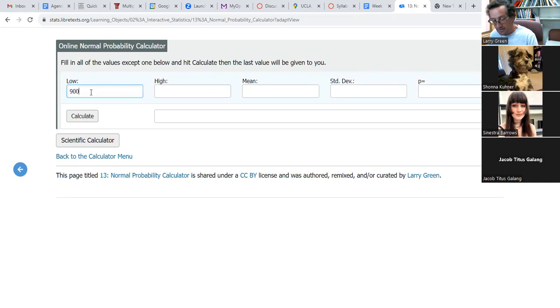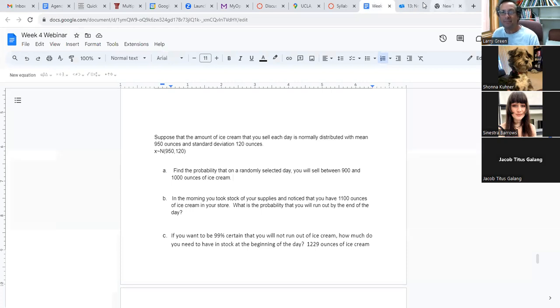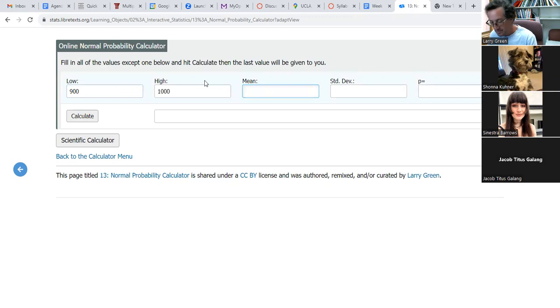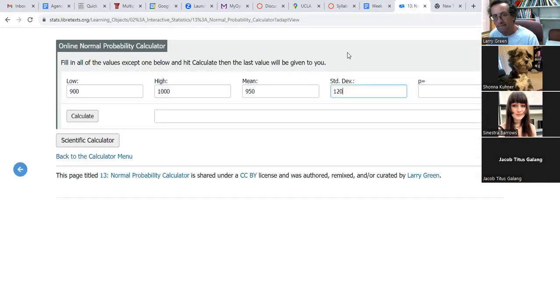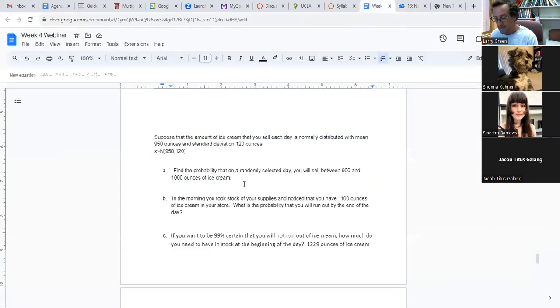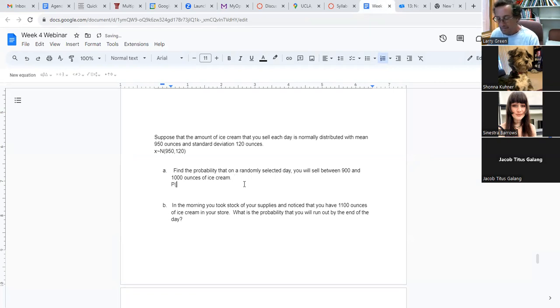Low is 900, the high is 1,000, the mean was 950, the standard deviation was 120. And I calculate: 0.3231, a 32% or so chance. Any questions so far?